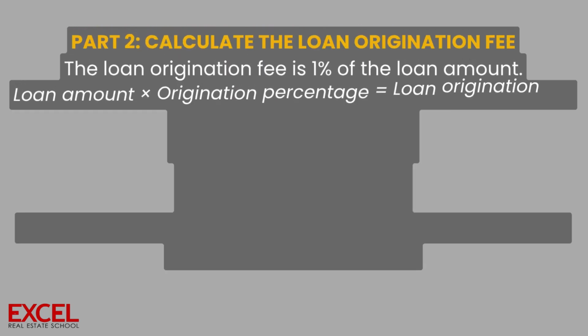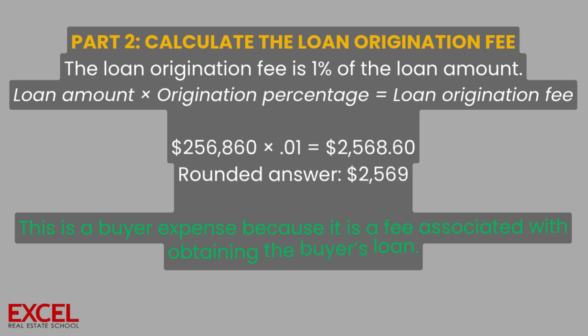So now part 2, calculate the loan origination fee. The loan origination fee is 1% of the loan amount. So the loan amount times the origination percentage equals the loan origination fee. Now we got to remember, it's based upon the loan amount, not the contract price.